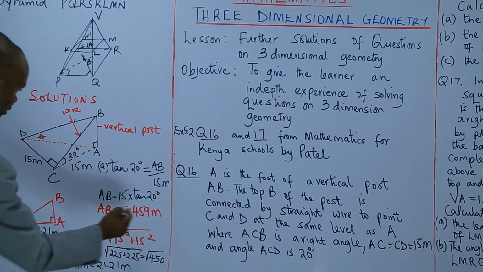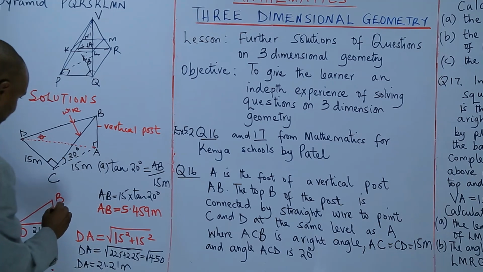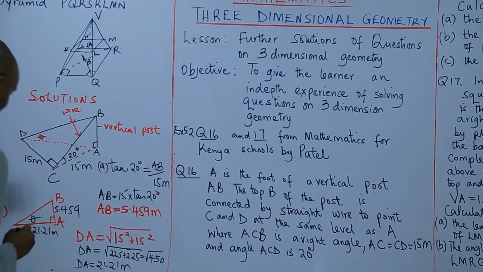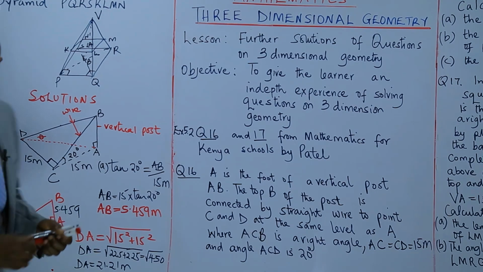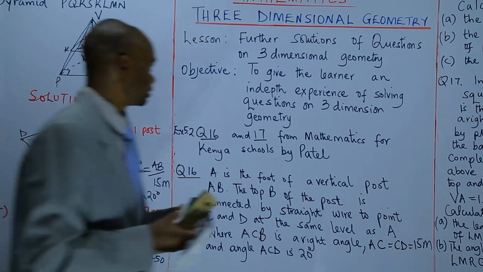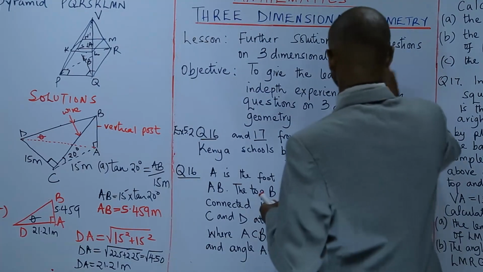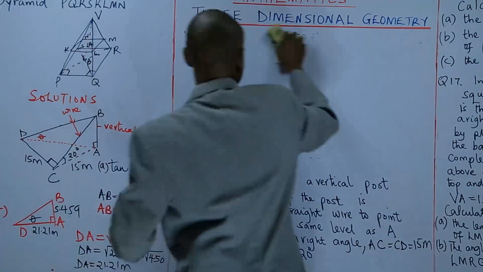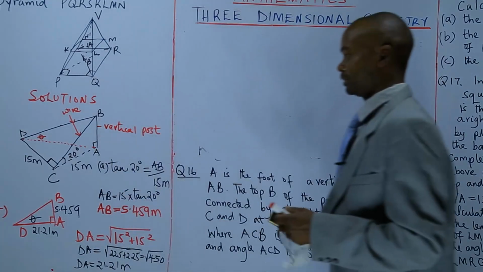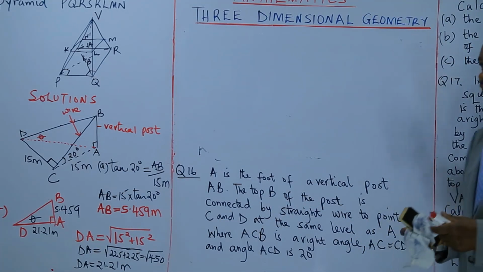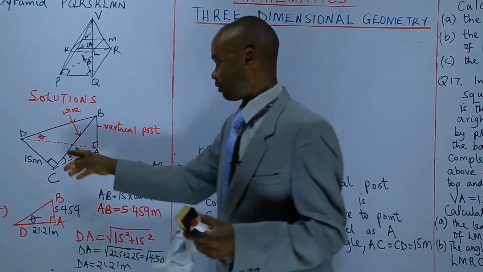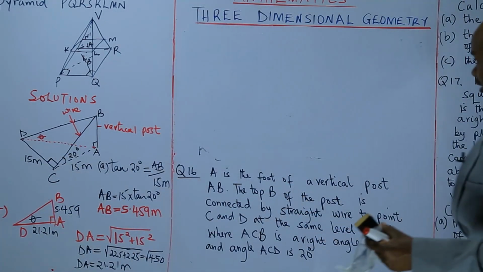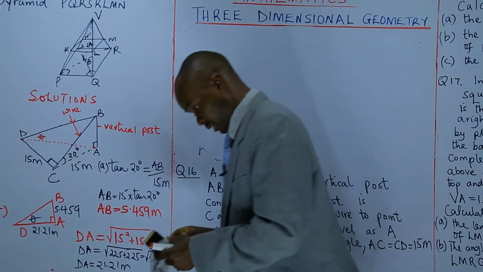This DA, and the 5.459 that I got earlier, will help me to get that angle of inclination theta. I'm looking for theta, the angle of inclination of BD with the horizontal.